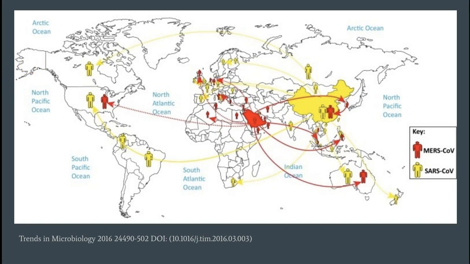After that, the original SARS emerged from China in November 2002. It spread to 26 different countries, as you can see in yellow. More than 8,000 people were infected with this SARS virus, and around 774 people died.